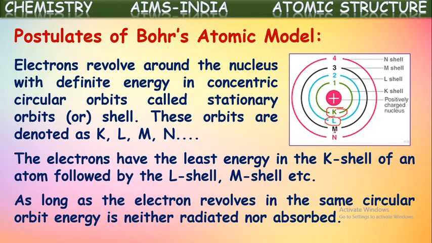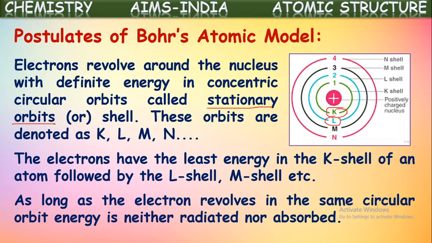That is why these orbits are specially called stationary orbits or stationary shells. Why? Because as long as an electron is revolving in an orbit or shell, it neither gains energy nor loses energy. It will have constant energy always until it changes its orbit. If it is in a particular orbit, its energy will be fixed.